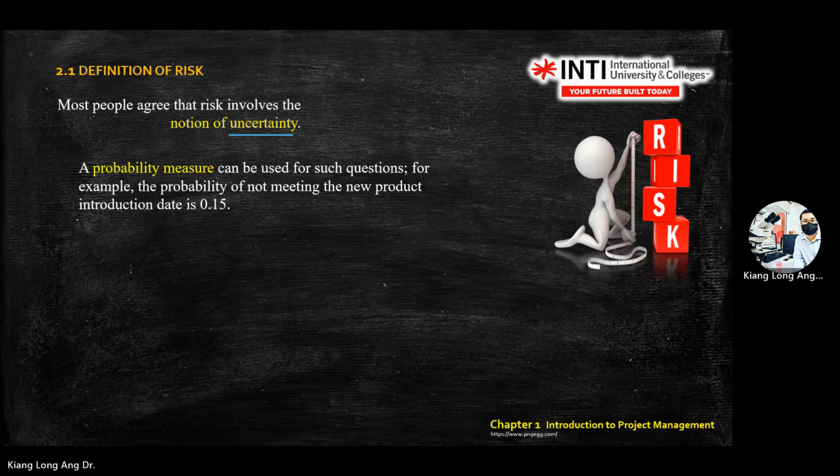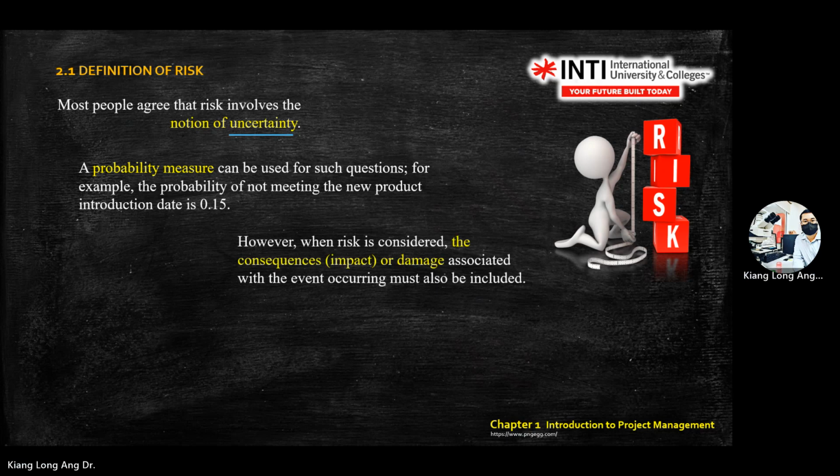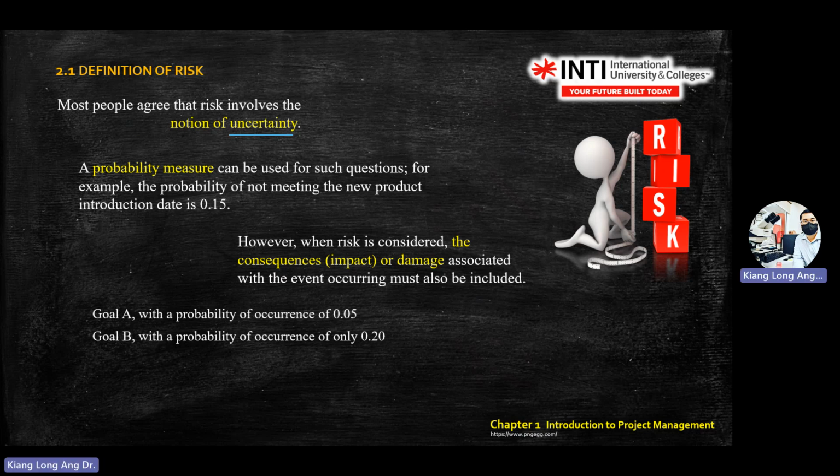For risk, for example, the probability measure of not meeting the new product goal is 0.15. For goal A, the probability of occurrence is 0.05.